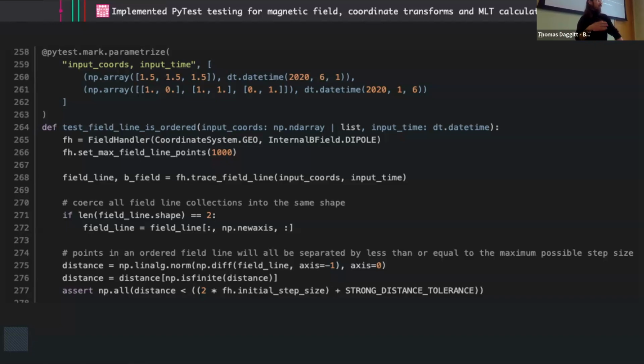But I'm not usually working with analytically solvable field lines, otherwise I wouldn't be doing field line tracing. So in the end, I wrote a whole bunch of tests for the properties that numerically correct field lines should have, like the fact that every point is in order in 3D space, and there's not any jumping around too jaggedly.